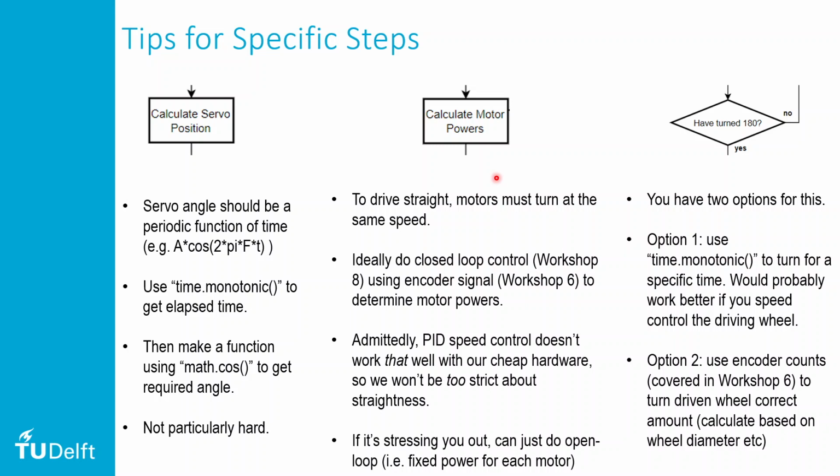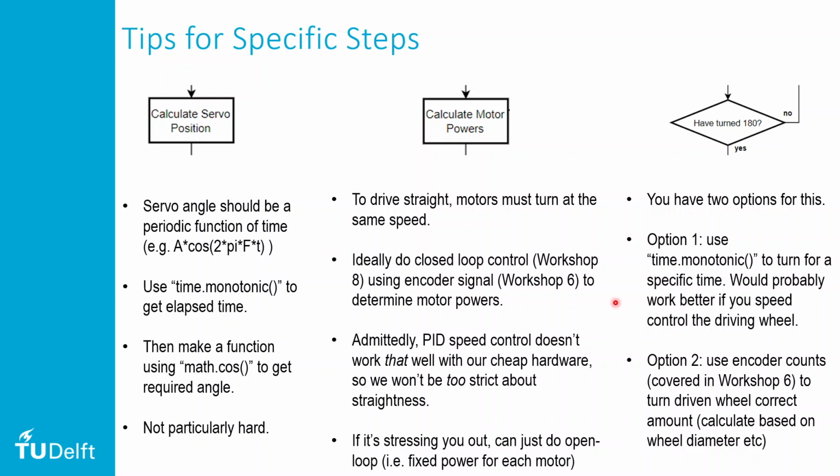Like Ernest told you in the kinematics week, if we want to drive a curve, then we need our inside wheel and outside wheel to drive at different speeds. And therefore, if we want to drive straight, then we need our left and right wheels to drive at the same speeds.